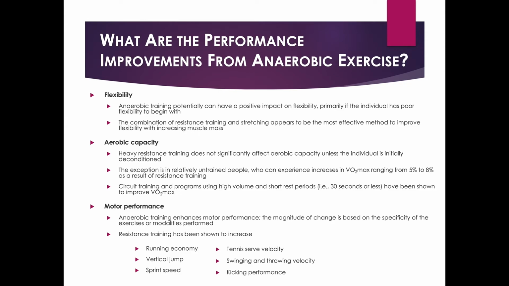So no matter what you do, you're getting a better relationship, better workability between the central and the peripheral nervous systems. On top of the increase in muscle mass, strength, and all the things we talked about, you'll get better motor performance because of that workability of the higher brain units going to the periphery, between the central and peripheral nervous system.